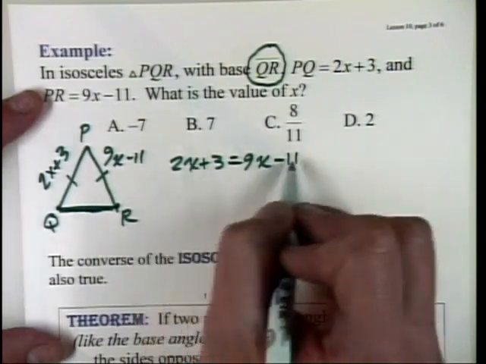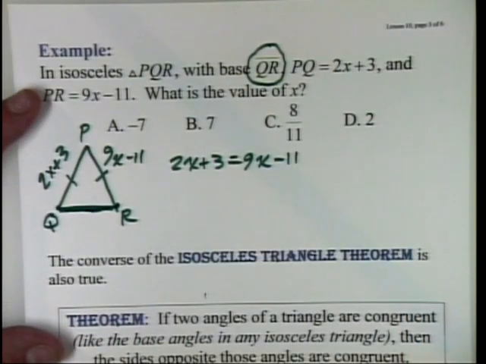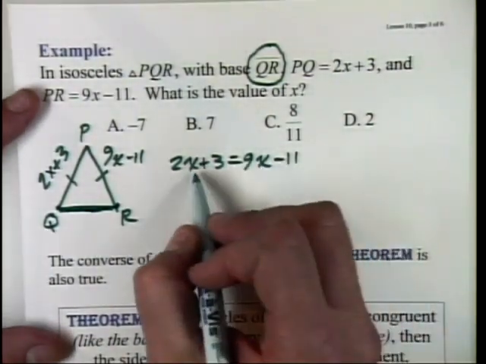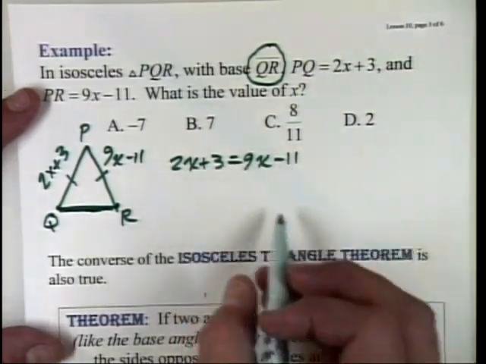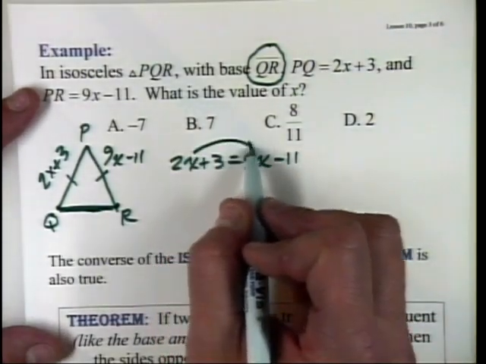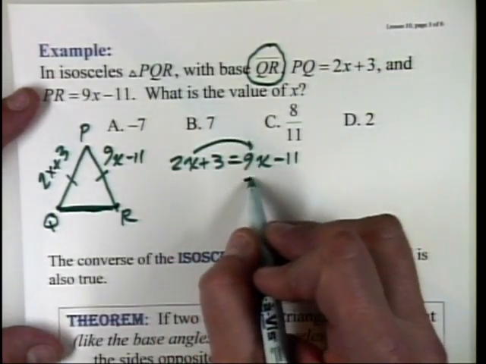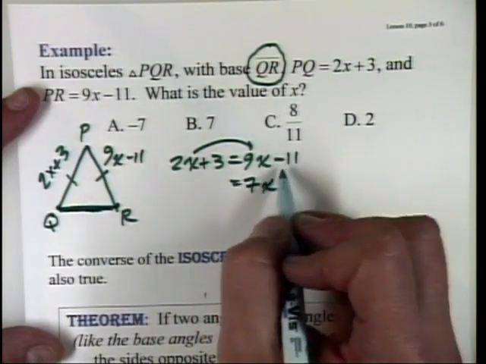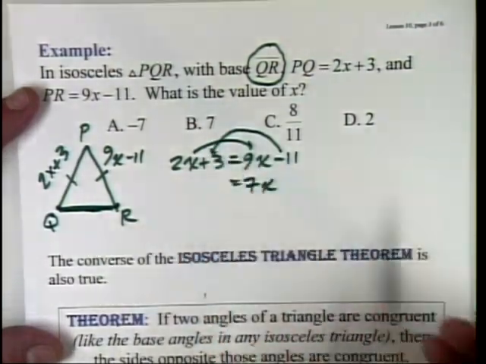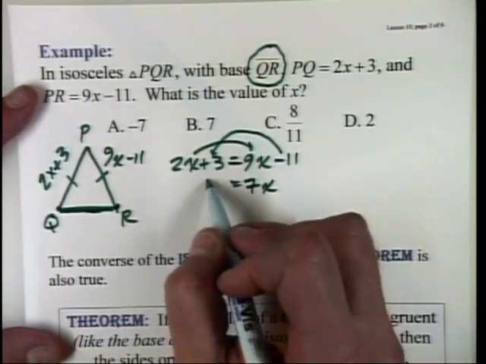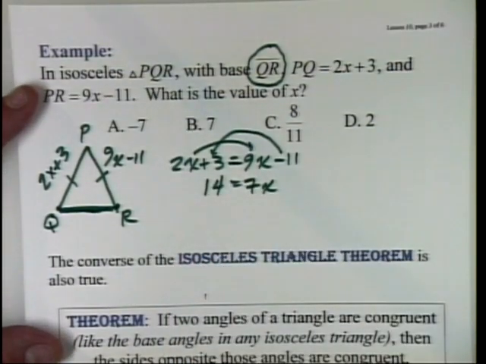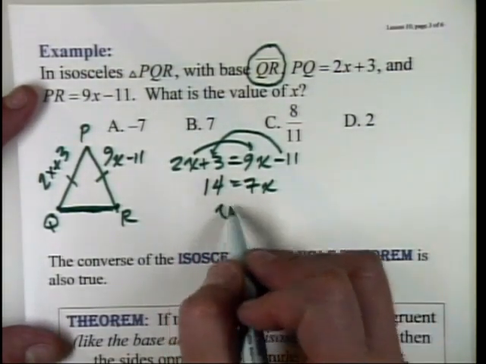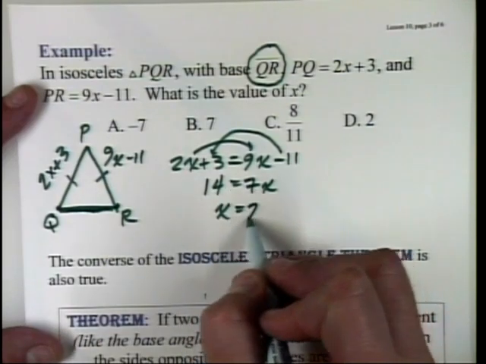And now I have one equation with one unknown, so I can solve for the unknown. I'll go ahead and collect my x's on the right-hand side just so everything's positive. So if I subtract 2x, I get 9x minus 2x, which is 7x. And if I bring the negative 11 to the other side, it becomes positive 11 plus the 3 that were here. I get 14. Now I divide both sides by the 7, and I get x equals 14 divided by 7, which is 2.